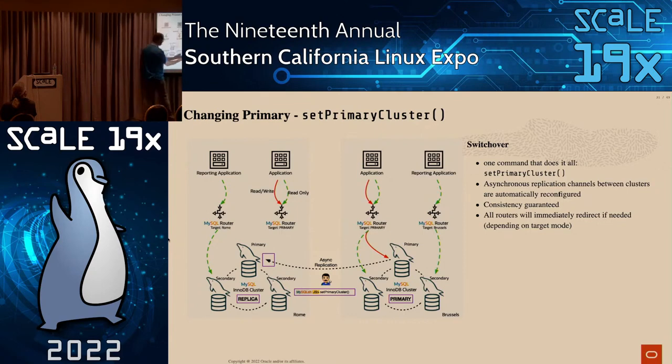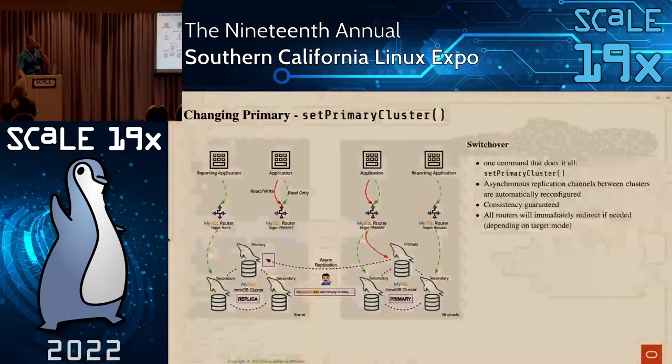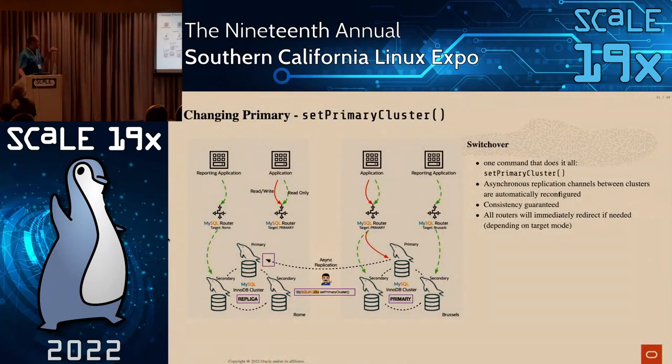This one will become the primary, and this one will become the secondary. So the router will also know, oh, I have to connect here now, and it will start connecting here. Target primary, writes come here, writes suddenly move there. These writes will also move to that one. So this one command will do all the automation, all the work necessary for you to do this. A second, or yeah, it's very fast.